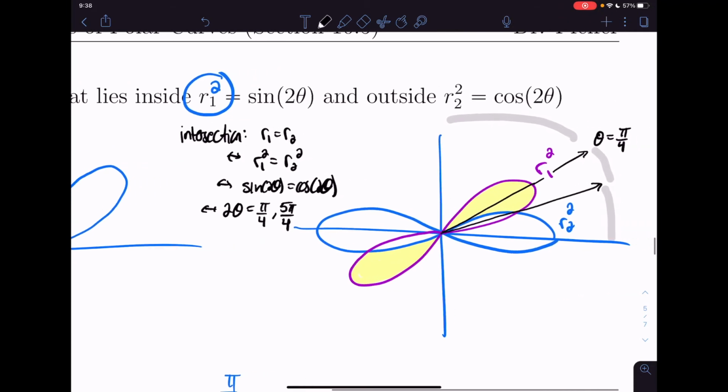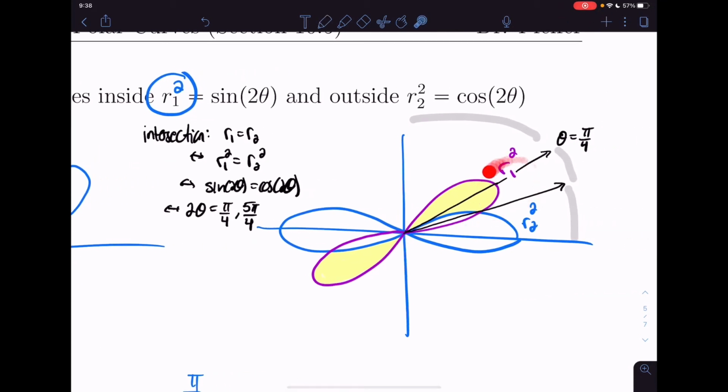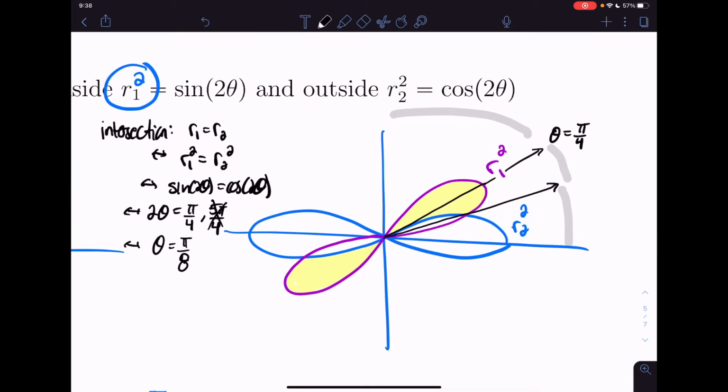We, of course, want the thing that's happening in the first quadrant, so we are not going to care about that second one. And so when I divide by 2, I'm getting theta is equal to pi over 8, which matches what we had here. It's slightly smaller than pi over 4. So this is theta equals pi over 8.